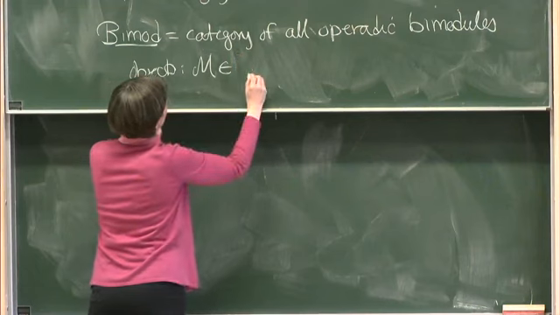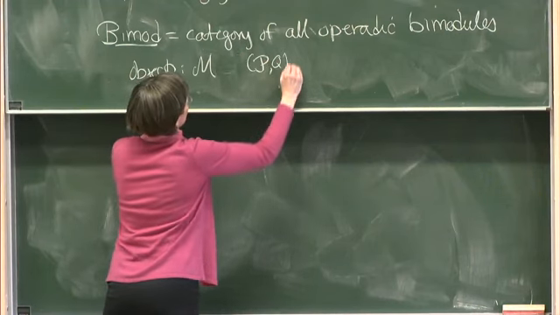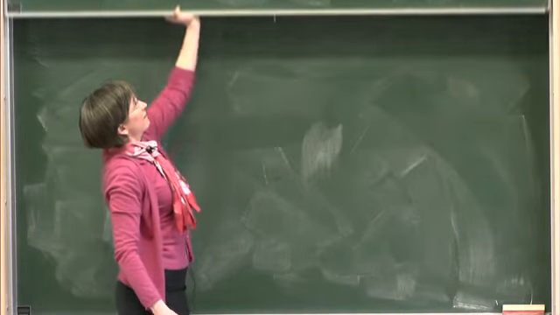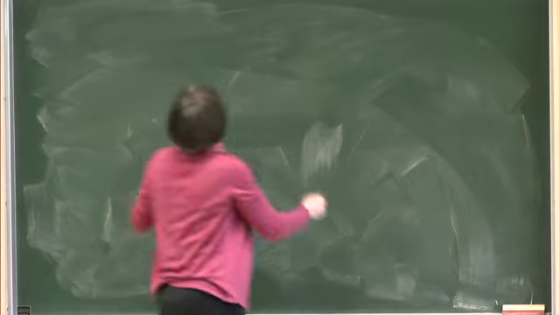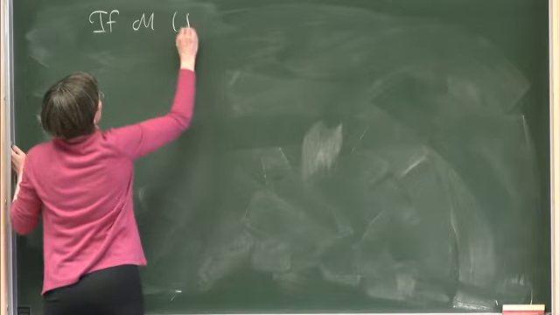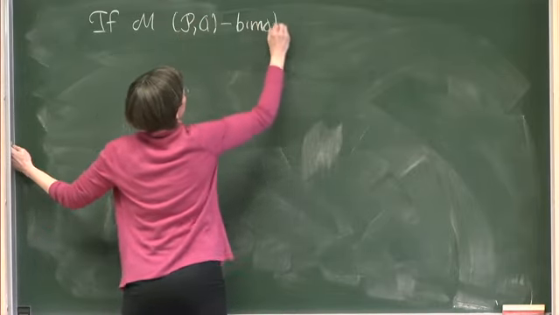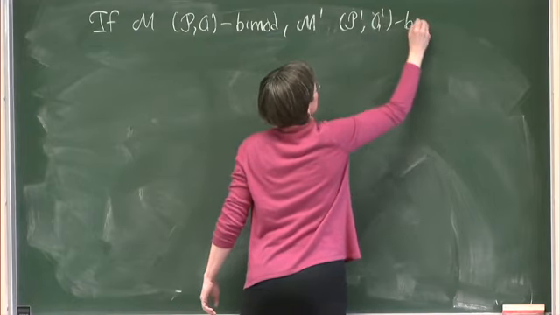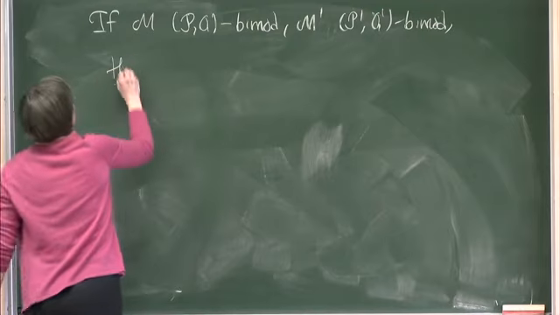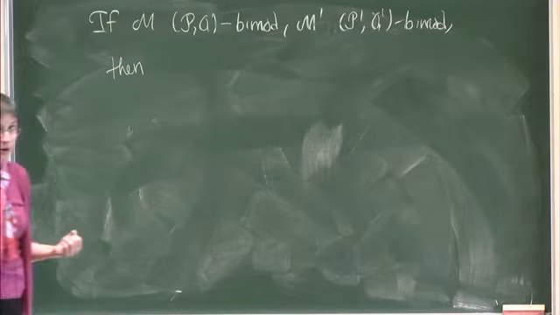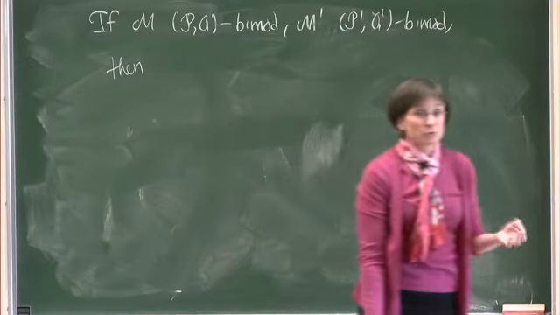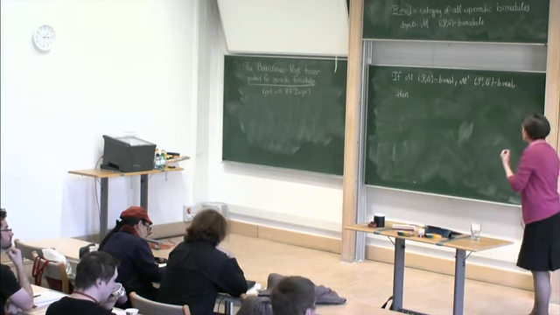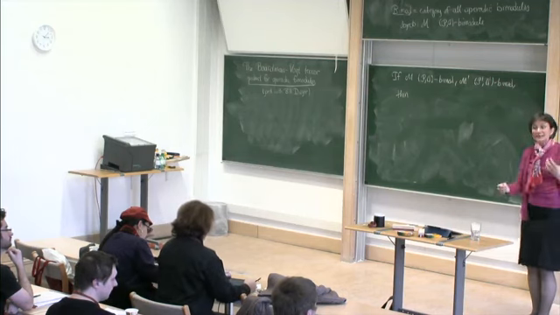So M is going to be a PQ bimodule for some operad P and some operad Q. And if I want to think about what morphisms are in this category, then if M is a PQ bimodule and M prime is a P prime Q prime bimodule, a morphism from M to M prime is given by a pair of morphisms of operads, one from P to P prime, one from Q to Q prime, and then a morphism of PQ bimodules from M to M prime seen as a PQ bimodule.